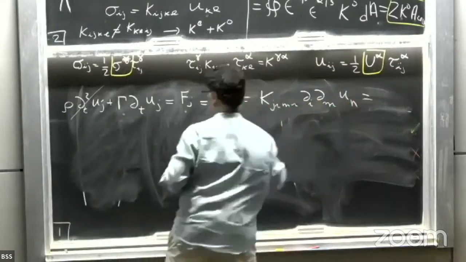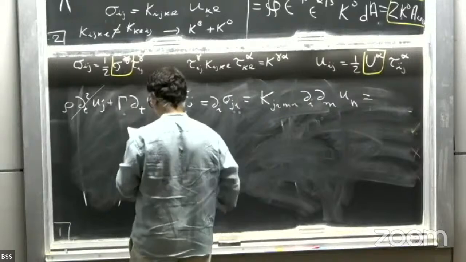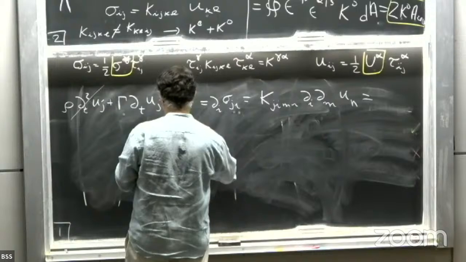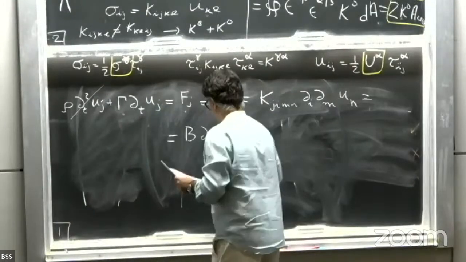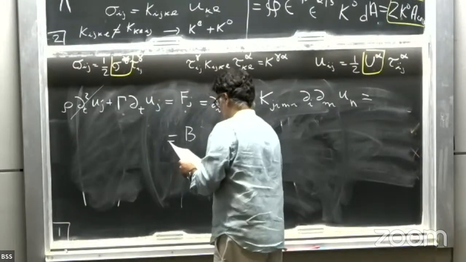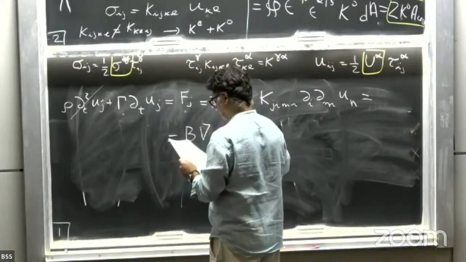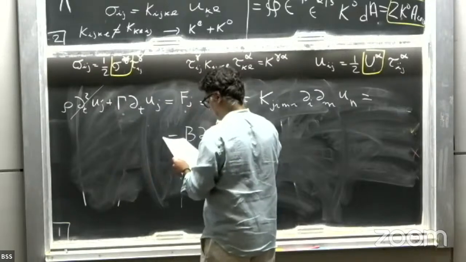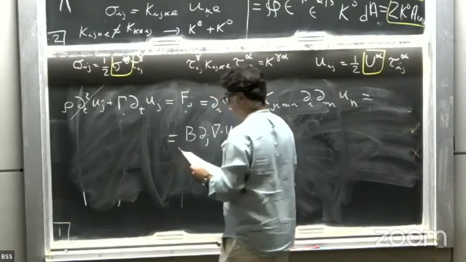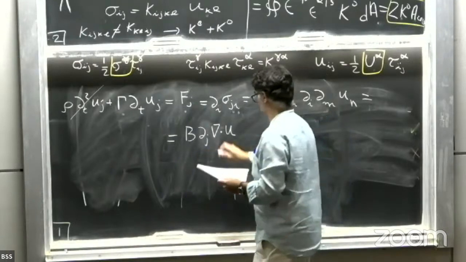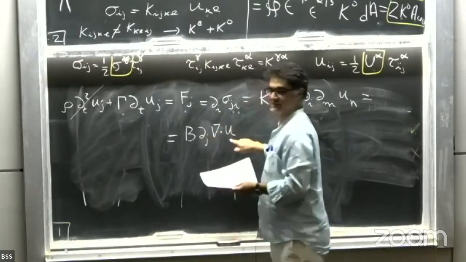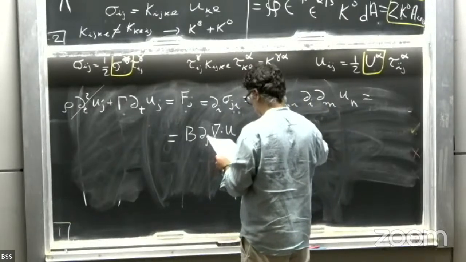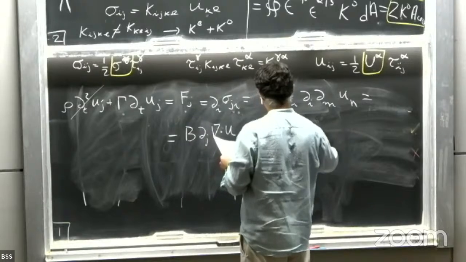This equals B dj, divergence of u, which maybe I could write as grad divergence of u, plus mu Laplacian of uj.